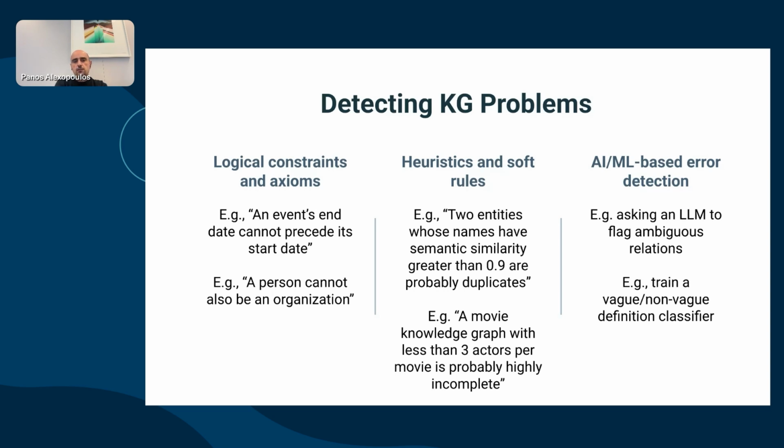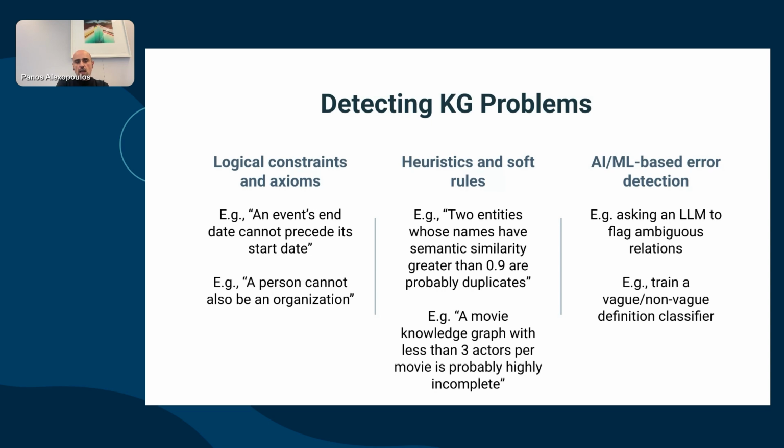So, for example, let's say we have a knowledge graph of events, and each event has a start date and end date. We should actually have a constraint saying that an event's end date cannot precede its start date. Actually, this is something that happened in a real use case that I worked on a couple of months ago, right? Or another rule like a person cannot also be an organization and things like that.